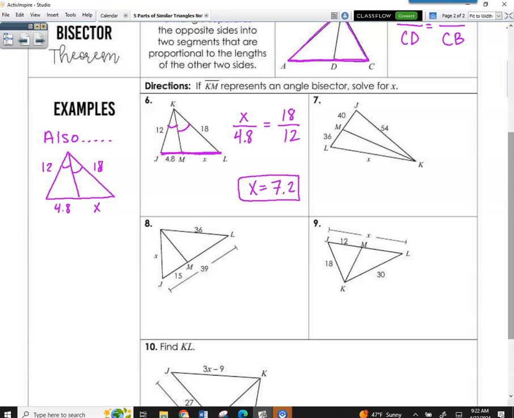Some people prefer to say from one triangle, so like X is to 18, because those are in the same triangle. Now, these are consistent. The X came from the bottom, 18 was the edge. So over here, the 4.8 in here is 12.